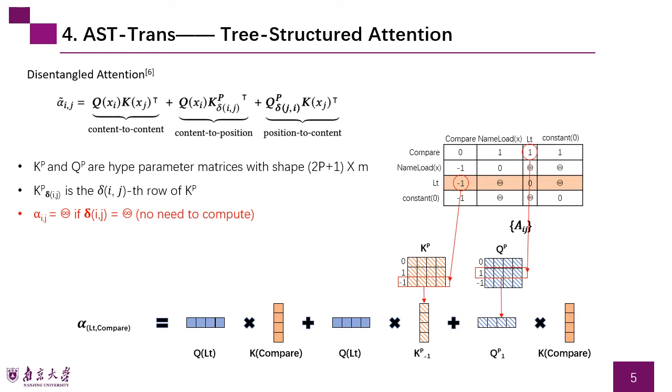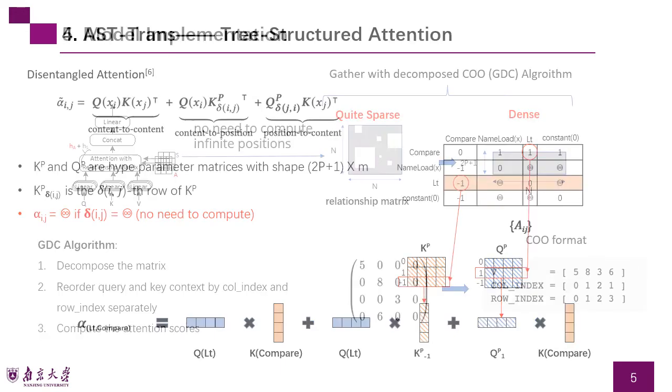So we use the query vector of LT, multiplied by the last row of K_p. For the position to content part, we use the first row of Q_p, multiplied by the key vector of compare. Finally, we add these three parts together to get the attention score alpha.